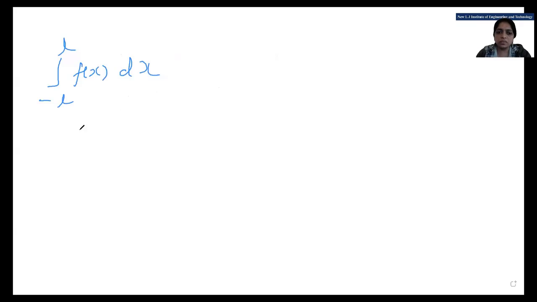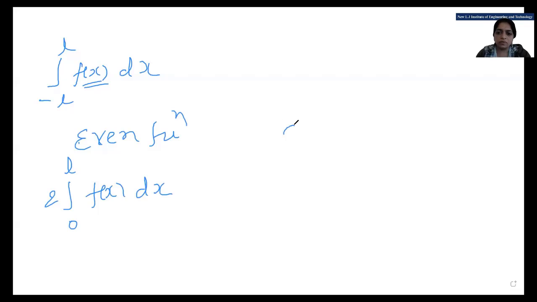If the given function is even, then we can write 2 times the integral from 0 to L of f of x dx. And if our given function is odd, then the integral from minus L to L of f of x dx is equal to 0.